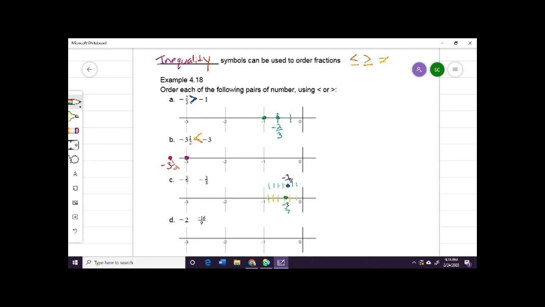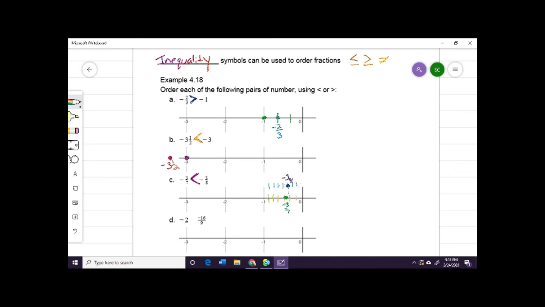Okay, so we're working in a tight space there. But you can see that negative 3/8 is slightly to the right of negative 3/7. So let's look at what we're comparing here. Negative 3/7, is it greater than or less than negative 3/8? Well, it's to the left. That means it's smaller, so it's less than negative 3/8. Remember, the alligator wants to eat the bigger number.